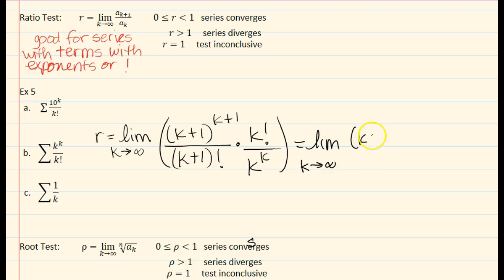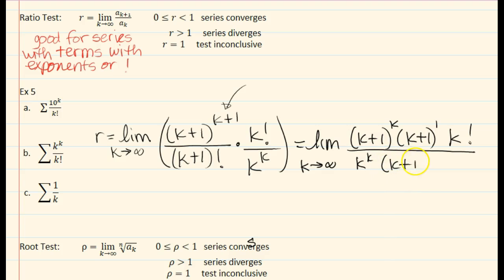Notice we're going to have k plus 1 to the k times k plus 1. Remember, we add our two exponents, and that's how we get k plus 1 to the k plus 1 exponent. We still have k factorial at the top. At the bottom, I still have k to the k. I have k plus 1 times k factorial.